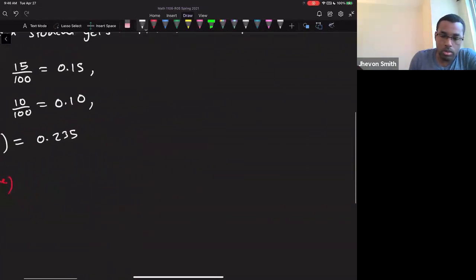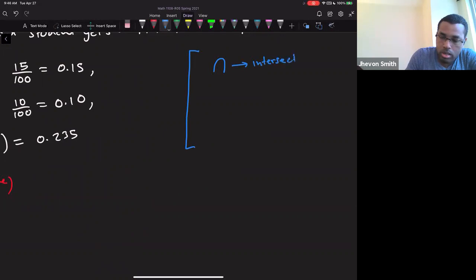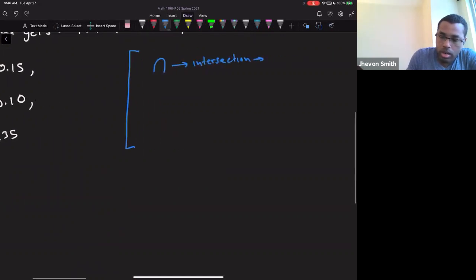Okay, so make sure we have that. ∩ means intersection. You want to think of it as and. U means union. Want to think of it as or, right?